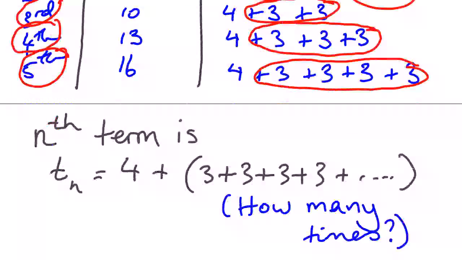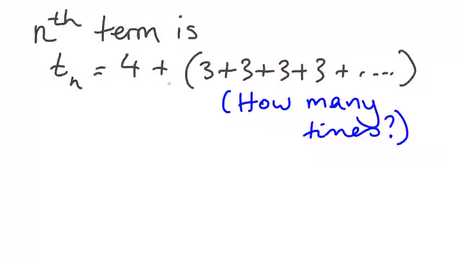So let's go to the next slide. I can see that for my nth term, and the nth term is me writing a rule that's going to fit for any term, whether it's the 1st or the 2nd or the 3rd or the 4th or the 5th, I'm going to call it n. And I've got 4 plus 3 plus 3 plus 3 plus... Well, how many times?